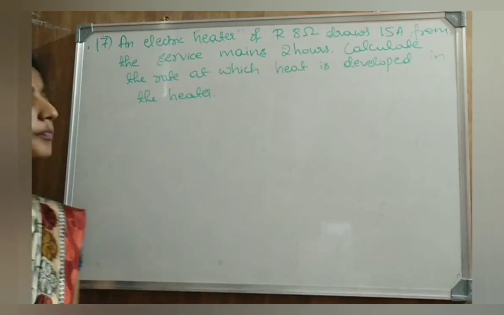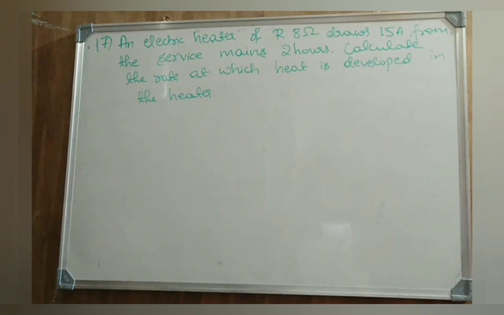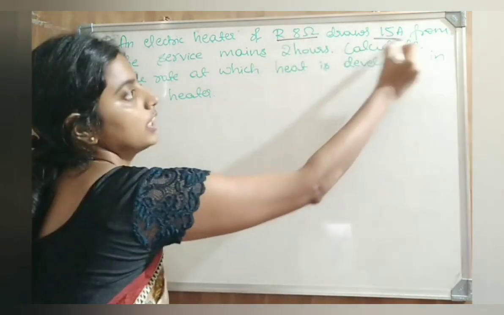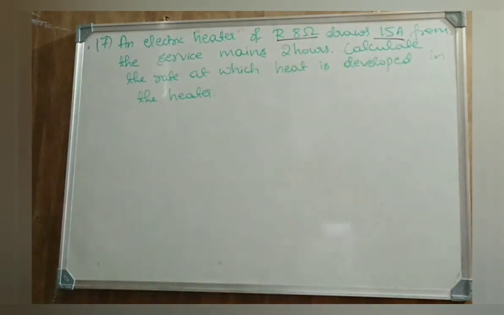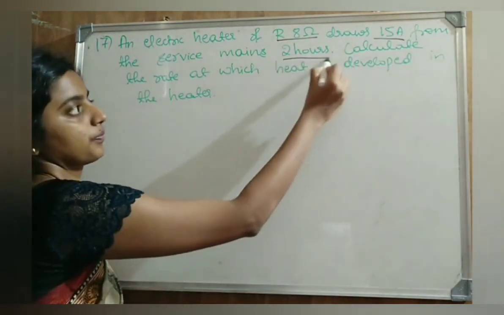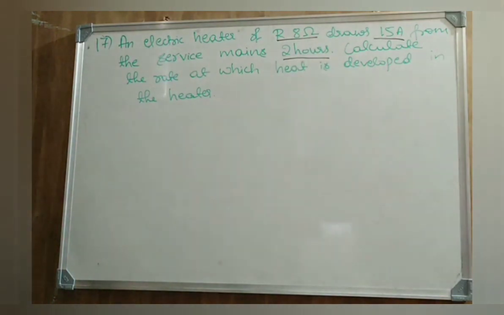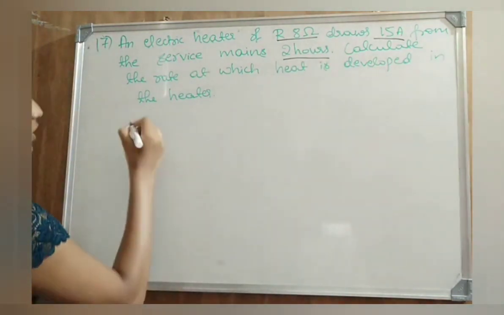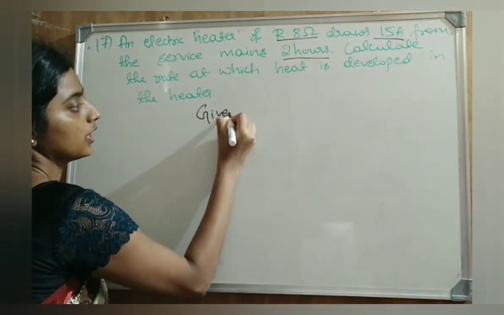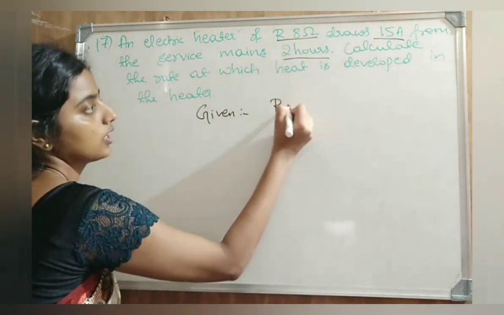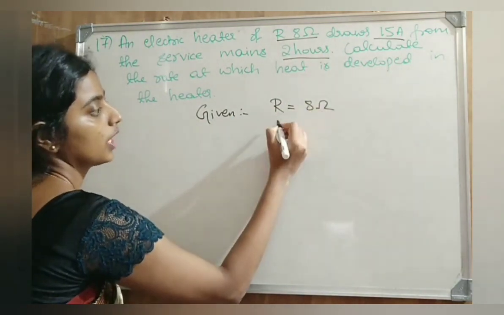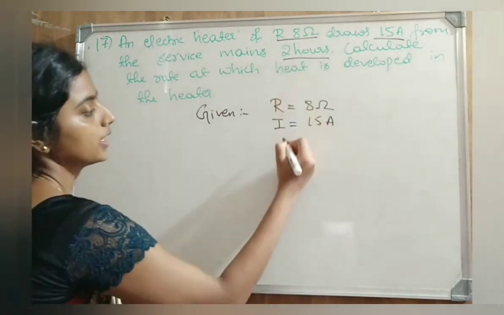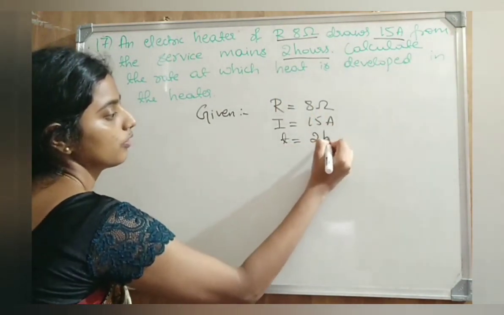Look at the question. An electric heater of resistance 8 ohm draws 15 ampere from the service mains for 2 hours. Calculate the rate at which heat is developed in the heater. Write down the given terms. Given R is equal to 8 ohm, current is 15 ampere, and time is 2 hours.